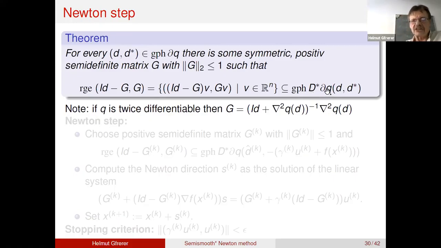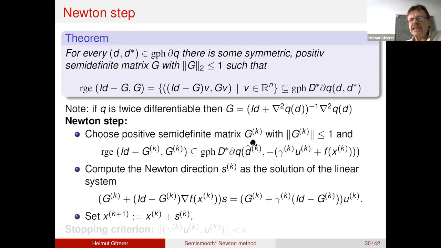Using such a matrix Gk, we can write down our Newton step in the following form: Gk plus identity minus Gk times the Jacobian of f at xk times s equals this expression here.